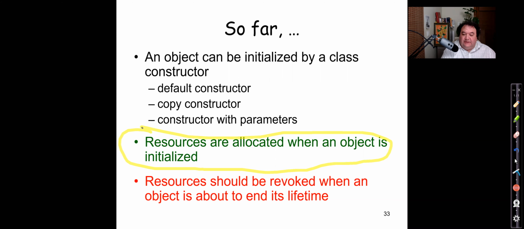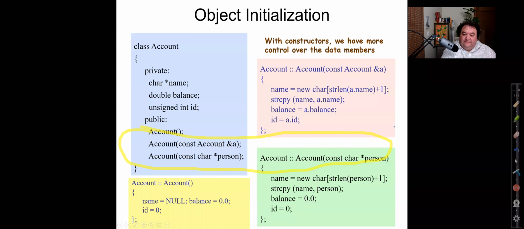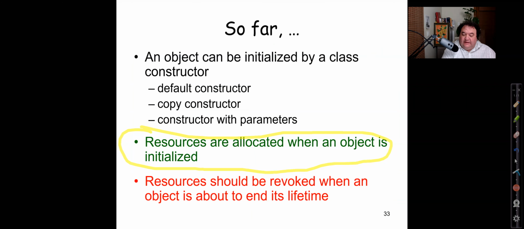For example, in the case of assigning the name, we had to dynamically allocate the resource of the array of characters, or the string. And now at the end, when we stop using that, we have to make sure that those resources that we have been allocating can be revoked so that we reclaim the memory that is being used.